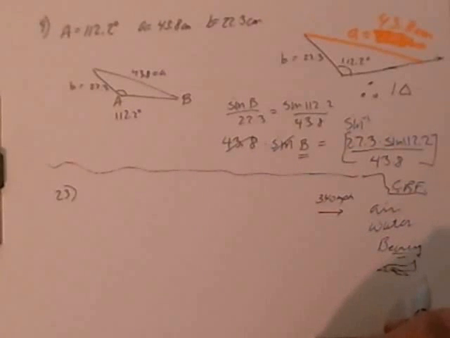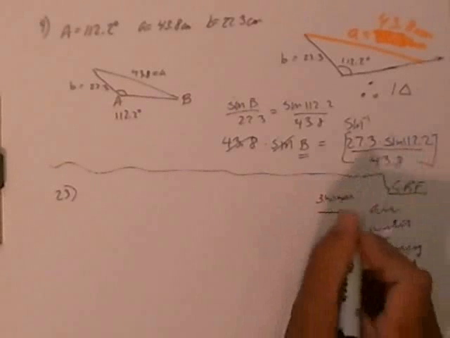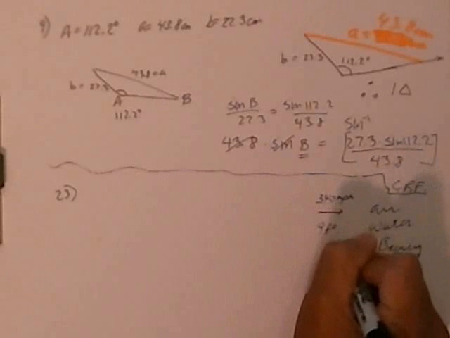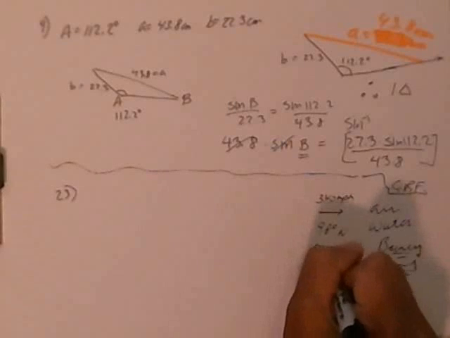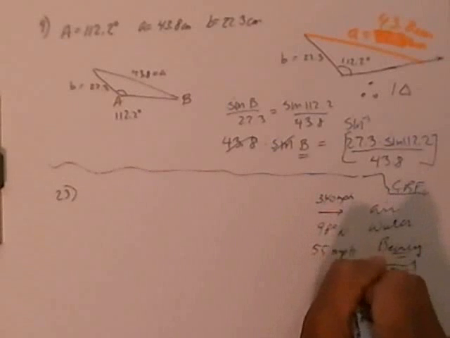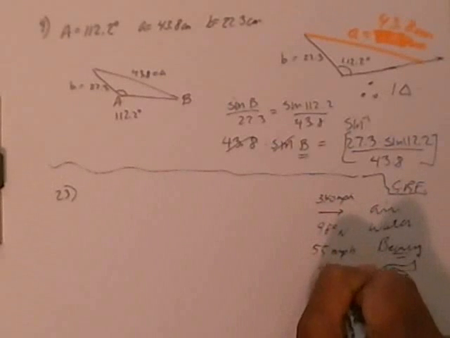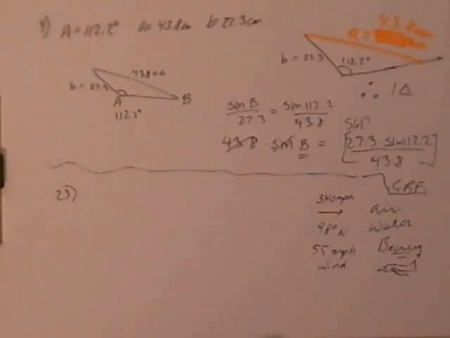Its true course, however, is at 98 degrees due north. If the wind current is constant at 55, so you have the 55 miles per hour wind speed, what are the possibilities for the ground speed of the plane?